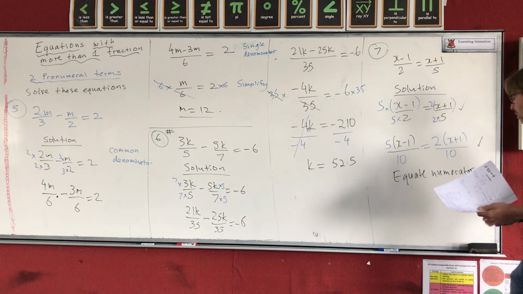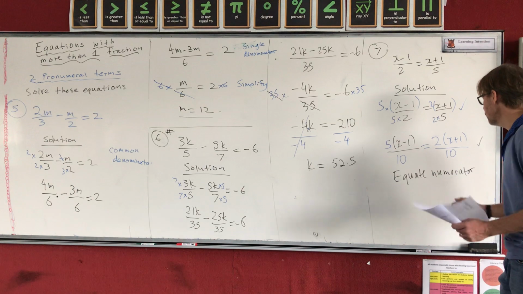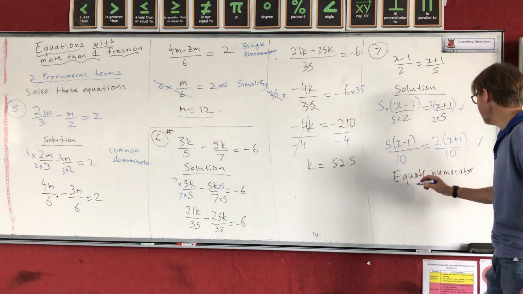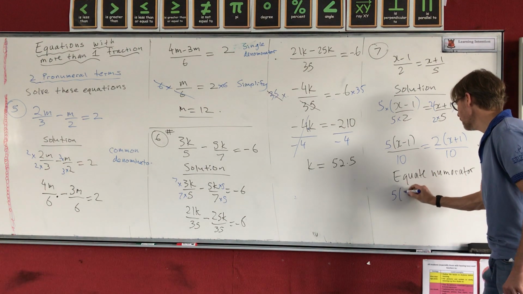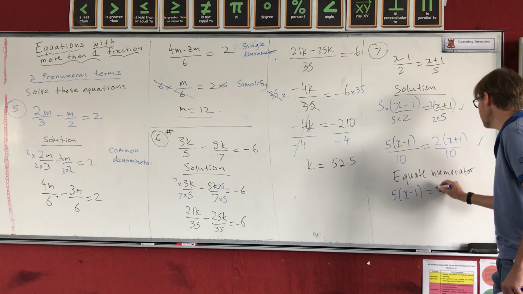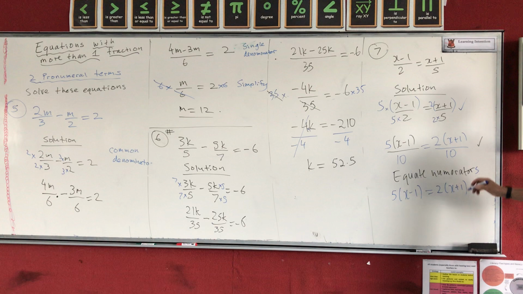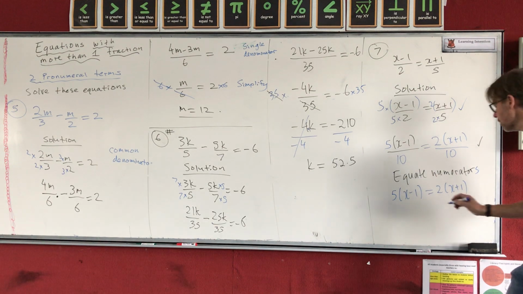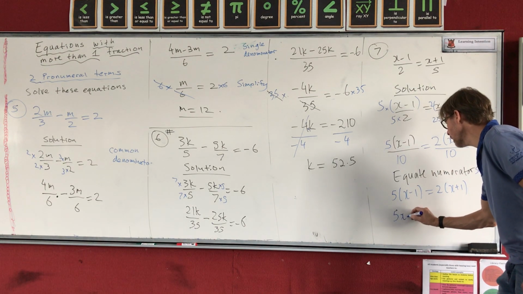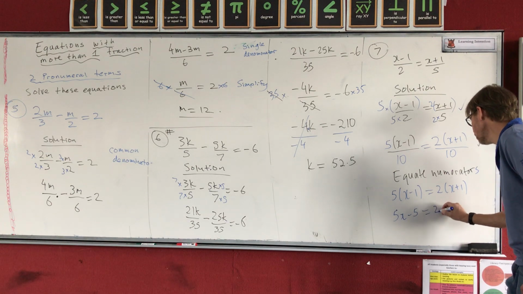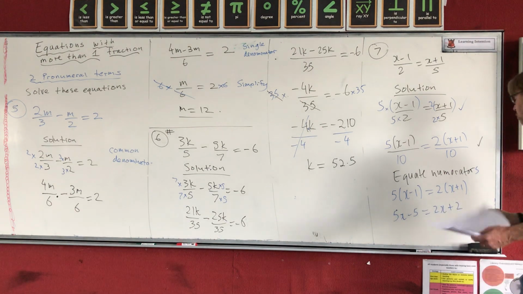Okay, equate the numerator. So you've got 5 times x minus 1 equals 2 times x plus 1. Right, equate numerators. Now you can expand the brackets. 5x minus 5 equals 2x plus 2.